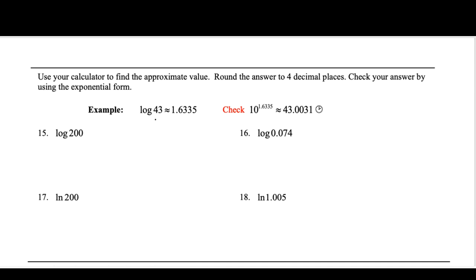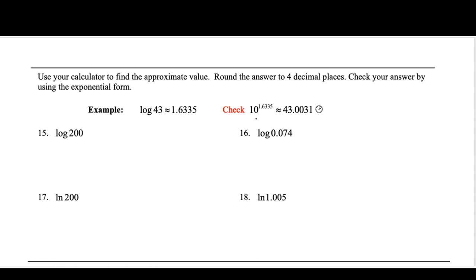If you have your calculator handy, this would be a good time to practice that. If you plug this into your calculator, you'll get an irrational number that keeps going with an infinite number of decimal values. But if we round it to about 4 decimal places, we'd get 1.6335.